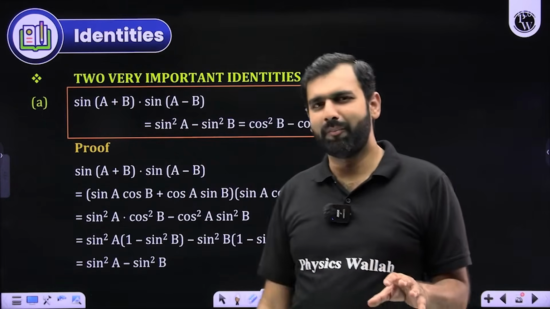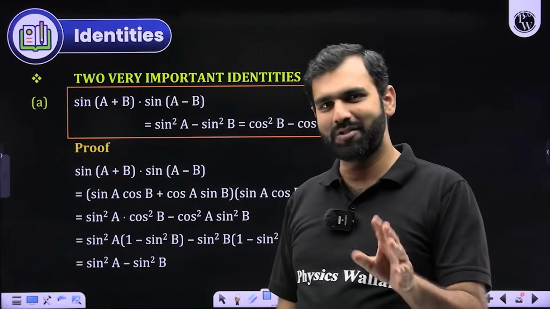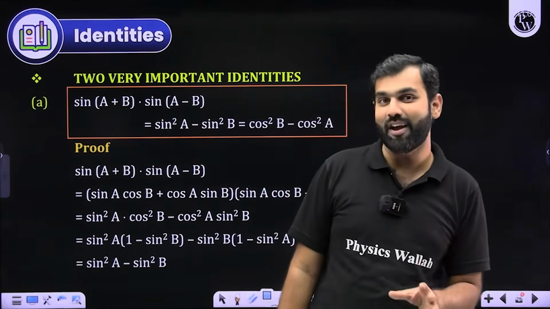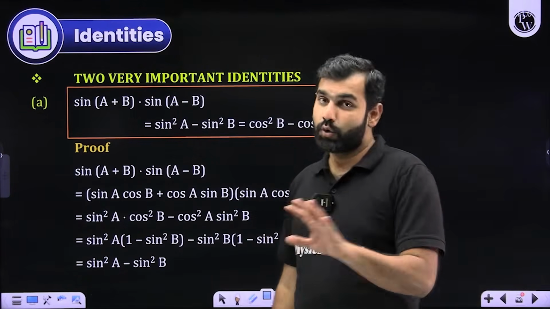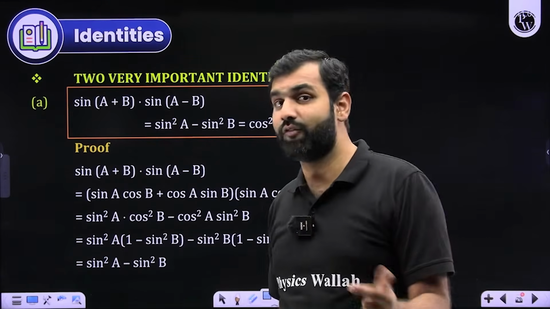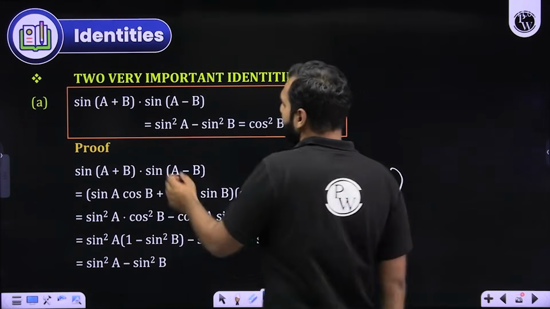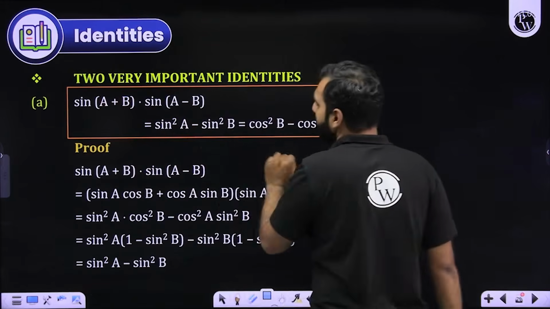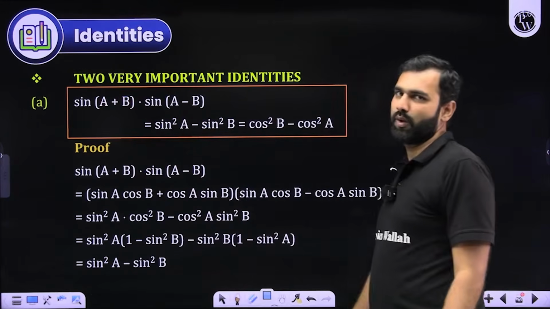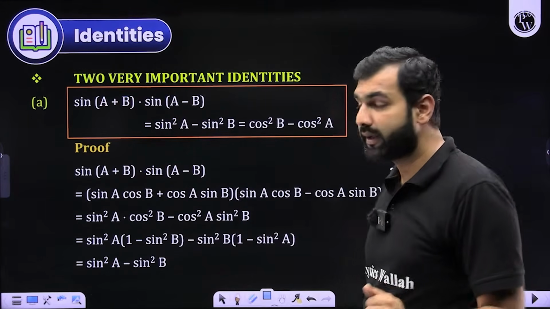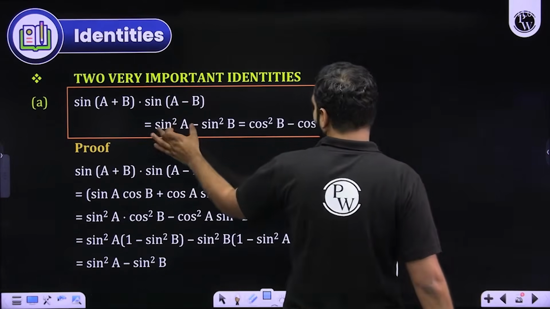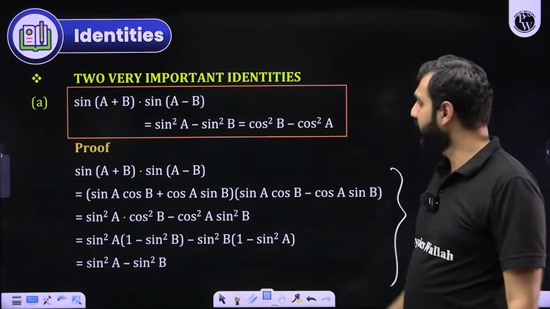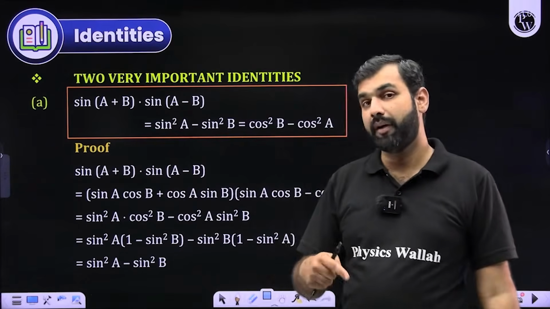I personally remember it like a plus b into a minus b, which is a square minus b square. In the same fashion here also, it is not true everywhere else. It is true for this sine formula only. So here, please remember, sin a plus b into sin a minus b can be written as sin square a minus sin square b. Additionally, sin square a I can write as 1 minus cos square a. Sin square b we can write as 1 minus cos square b.